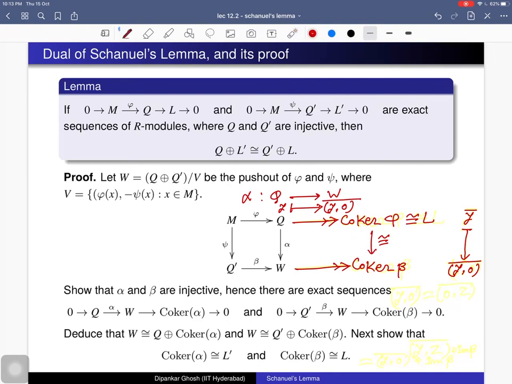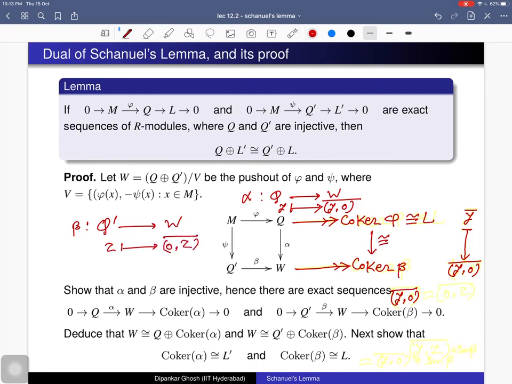First, we should prove that it is injective. So, suppose y comma 0 bar is the 0 element in co-kernel of beta, and what is co-kernel of beta? It is just W modulo image of beta. If something is 0 here, that means this element y comma 0 is in the image of beta. And again, if we recall the definition of beta, beta is a map from Q prime to W. It is just mapping z to the equivalence class of 0 comma z.